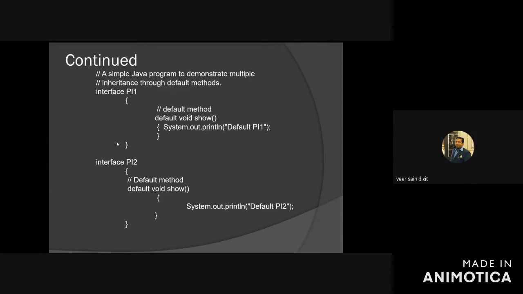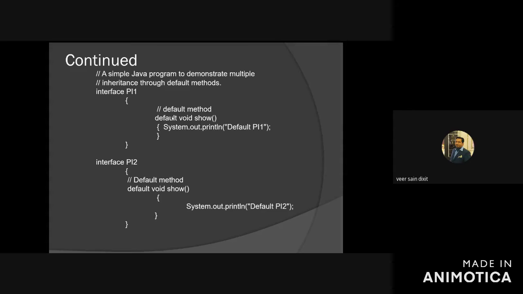Now, I am going to describe a Java program to demonstrate multiple inheritance through default methods. Since with classes you cannot implement multiple inheritance in Java, we create interfaces: interface PI1 and interface PI2. In the first interface, there is a method, default void show.